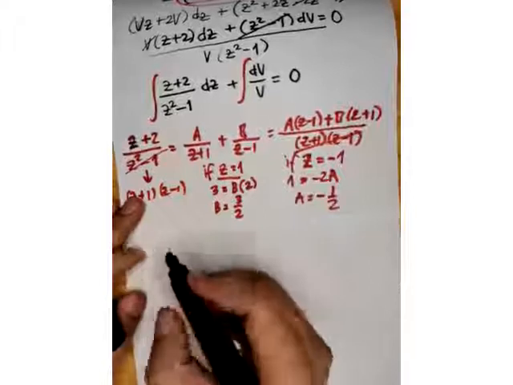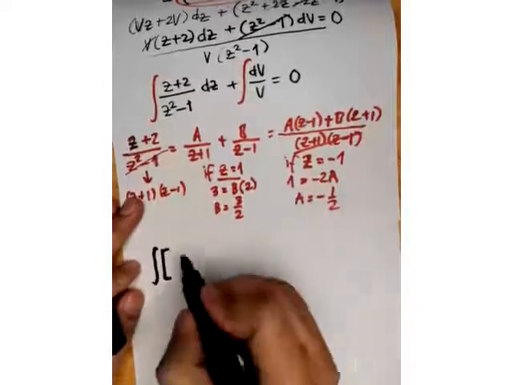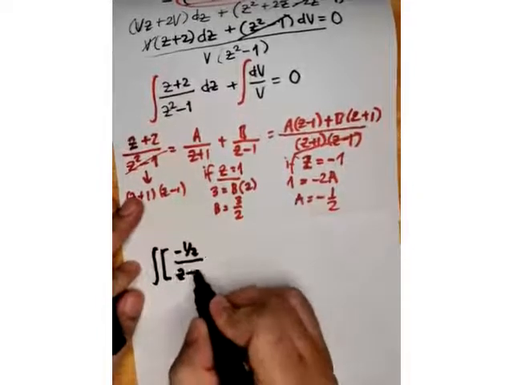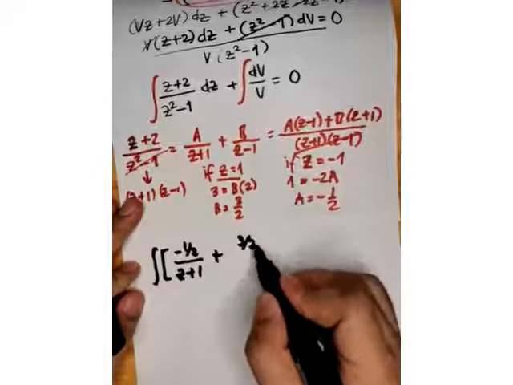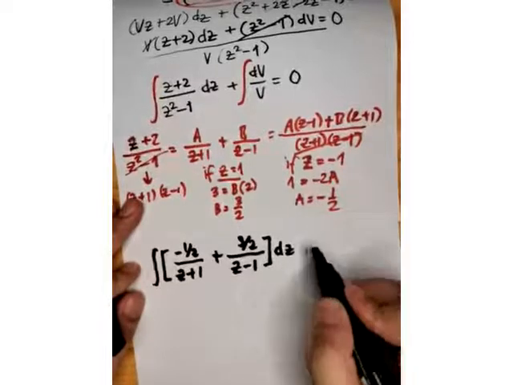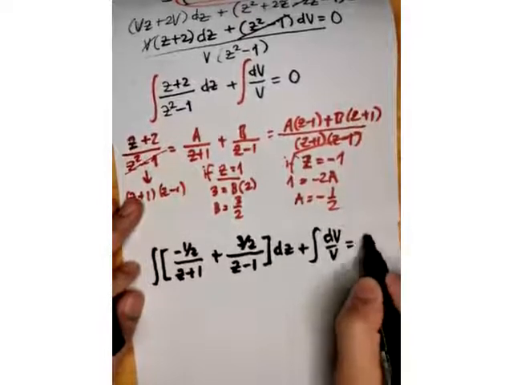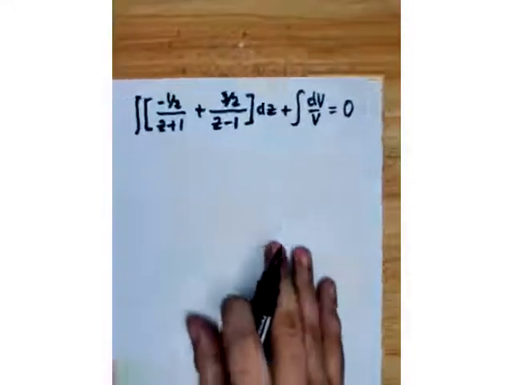Part ng integration. So that's the integral of negative 1/2 over z plus 1 plus 3 over 2 over z minus 1 dz plus the integral of dv over v is equal to 0. Ayan.